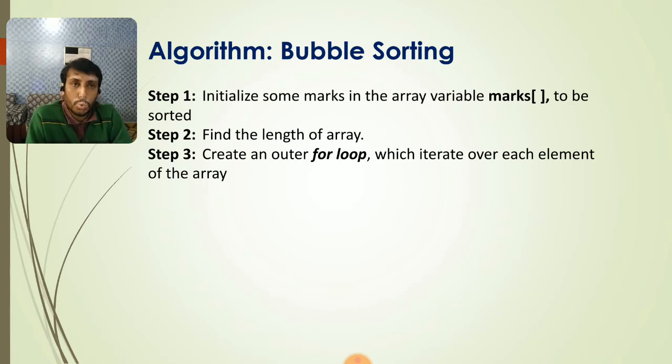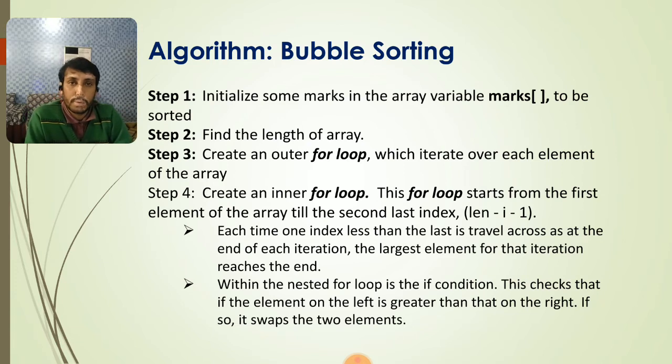So there are two loops in this program. One is the outer loop, another is the inner loop. The outer loop will iterate on each of the elements, and the inner loop will look at the comparison part. We will come to learn how it is being done.